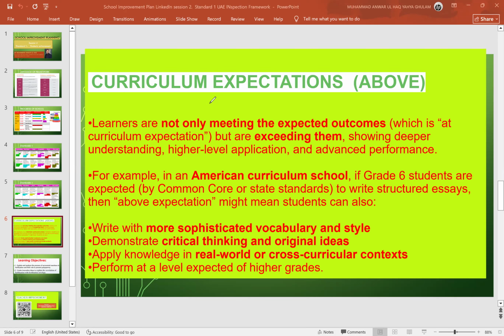For example, a student is at level 6 and gives you a draft comparable to level 7, the next level. So in this way, for above the curriculum standard, we must always keep ourselves and our students challenged.